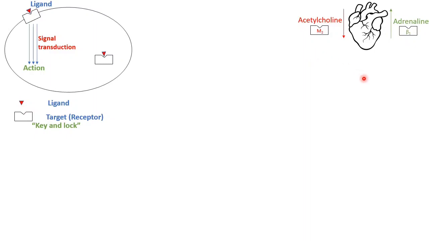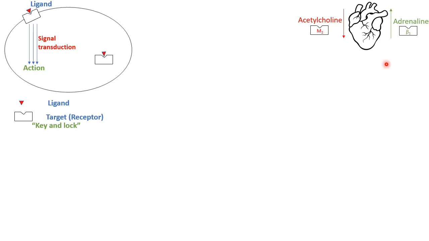In the patient of bradycardia, we can decrease the effect of acetylcholine, and that could be done by blocking the receptor M2 so that acetylcholine can't reach that receptor or can't act on it, and then we would have only adrenaline that works on the heart, and so our heart rate would increase, because the action of adrenaline now is unopposed by the action of acetylcholine.